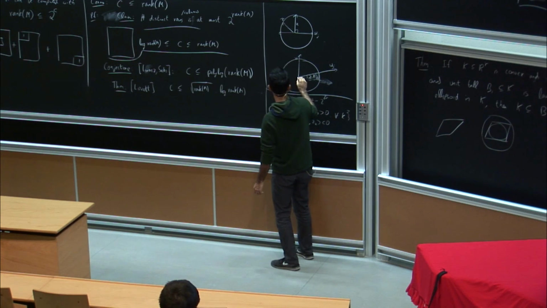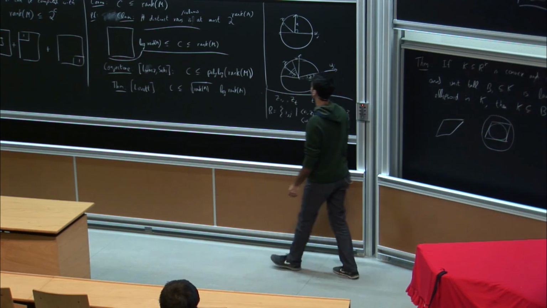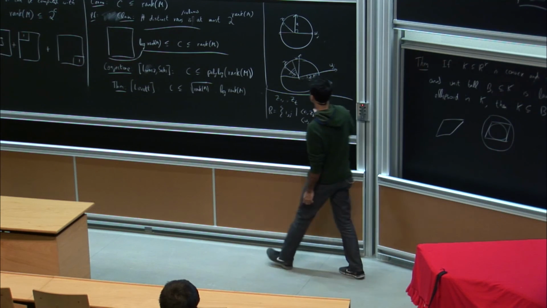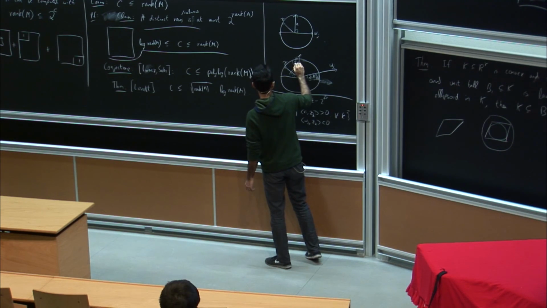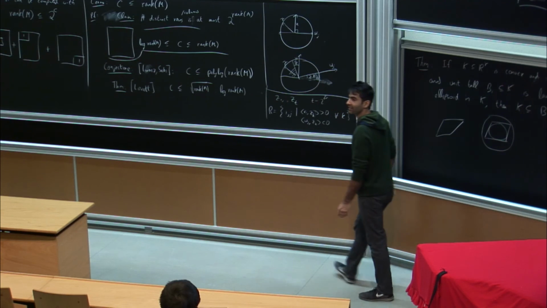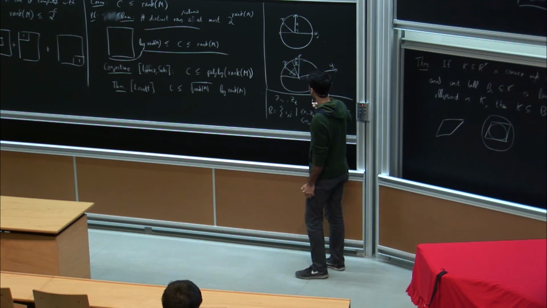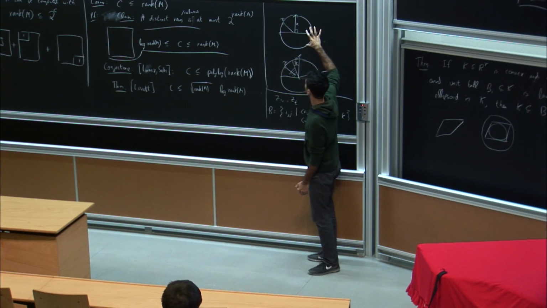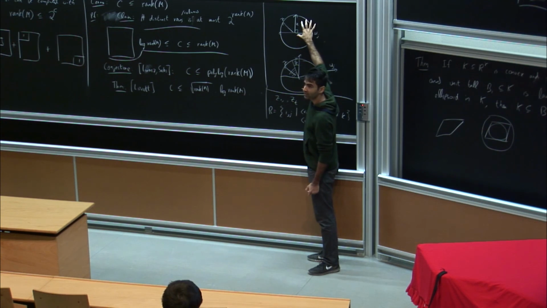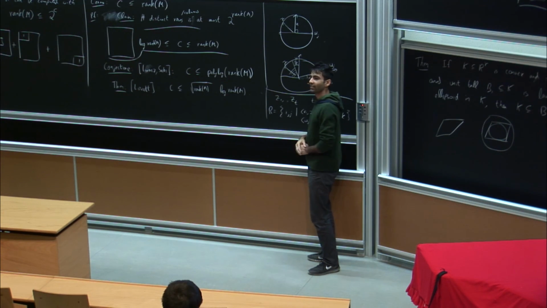And here, if you look at the corresponding area, it's slightly smaller. It's this region. Okay, and this angle is at least 1 over square root r. So, okay, so it's small. But if you take many samples, what ends up happening is you're much more likely to include entries in the rectangle that correspond to inner product 0 than to include entries which correspond to inner product 1. So that's the basic intuition.